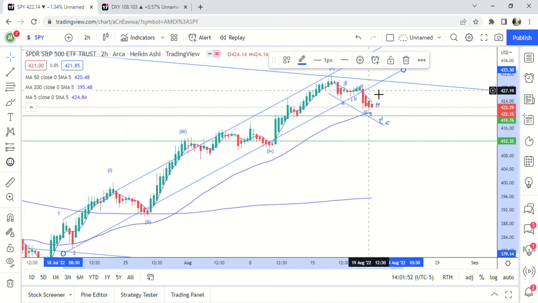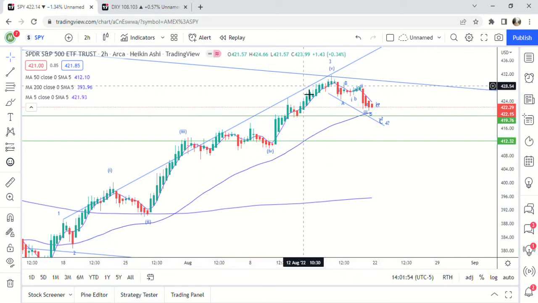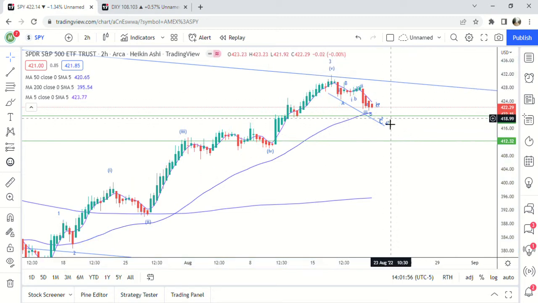I would say the most likely destination for this move is down here to 419.72. Probably not going to break 419.23. If you watch my last video when I zoomed in, I had us coming a little bit higher at the open maybe tomorrow and then selling off to 418 to 420.